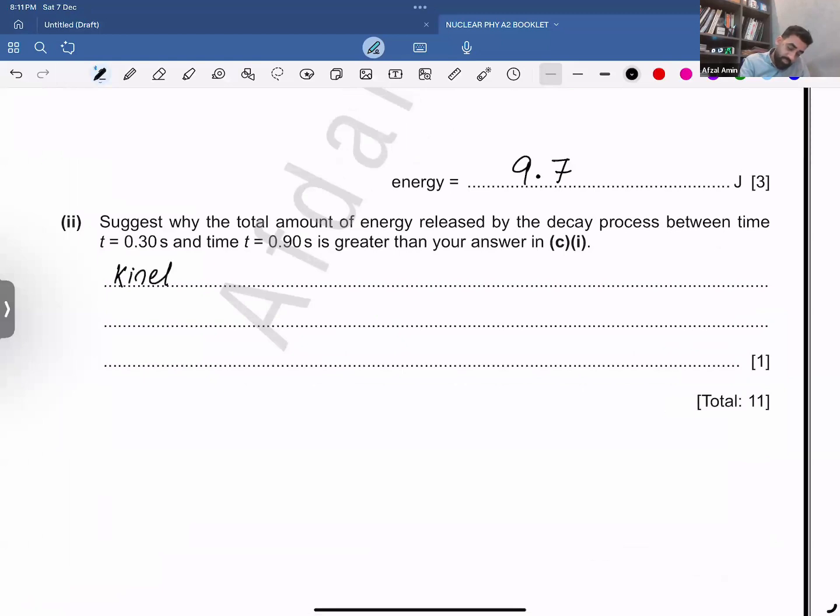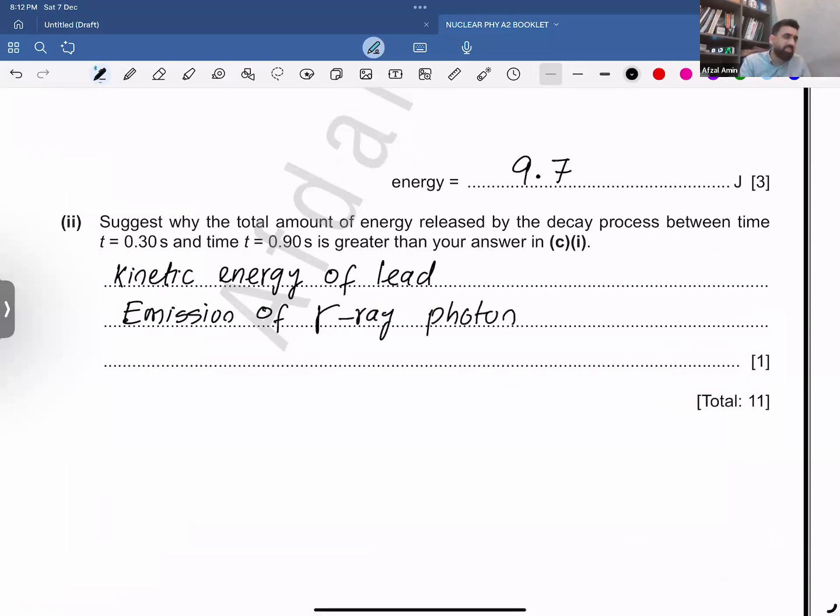So you will say there is kinetic energy of lead, and emission of gamma ray photons. Can I say neutrinos or antineutrinos here? No, because those are for betas.